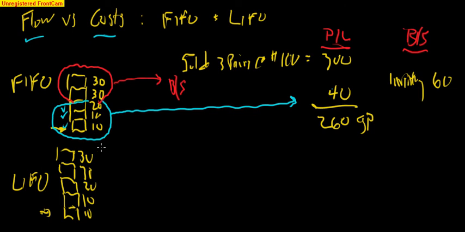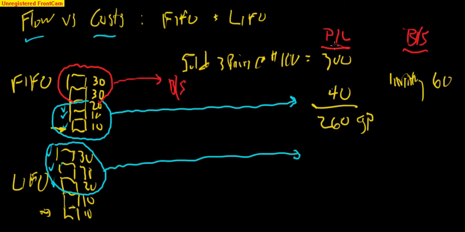But now we're going to use a LIFO method of inventory. And a LIFO method of inventory says the last thing in, this one, and this one, the last three in are the first ones out. LIFO, last in, first out. So these three now go to the P&L.